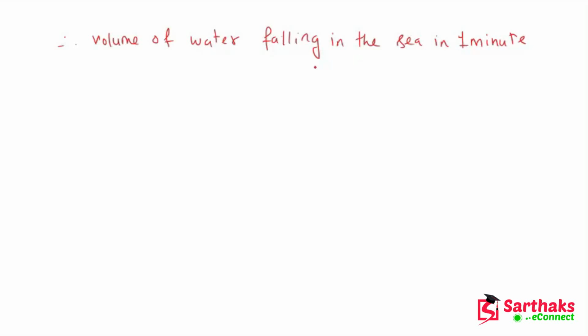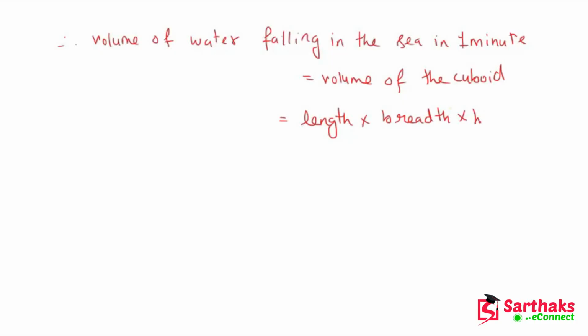So here we can write volume of water falling in the sea in 1 minute is equal to the volume of the cuboid, and this is equal to length into breadth into height.